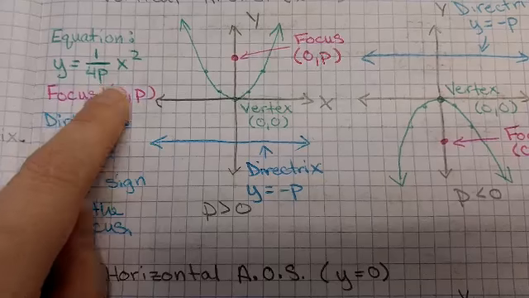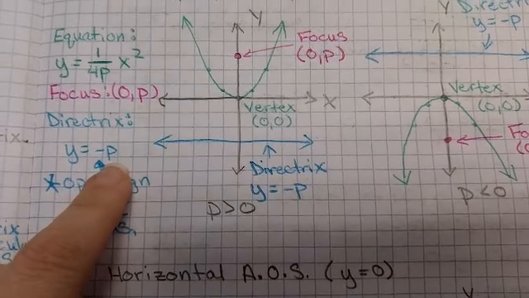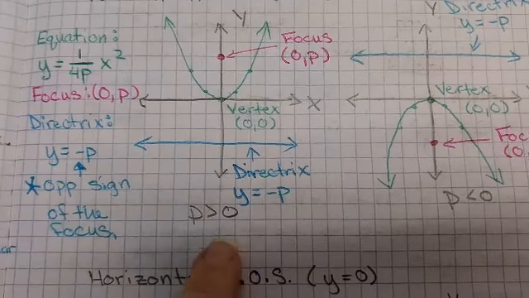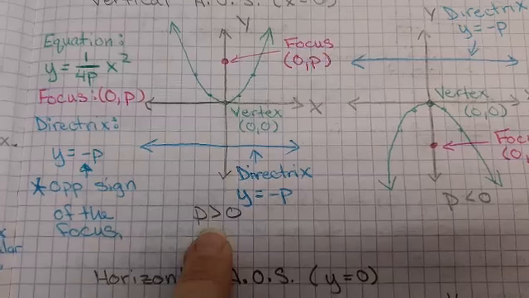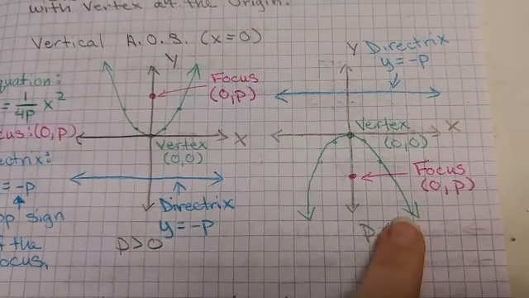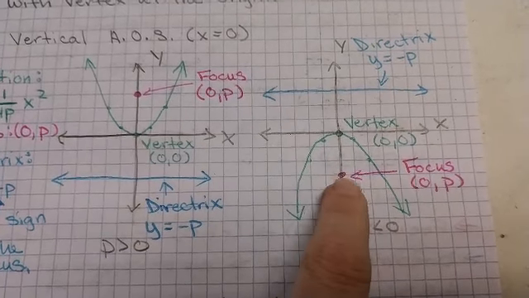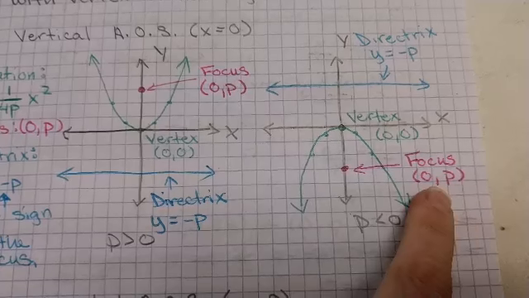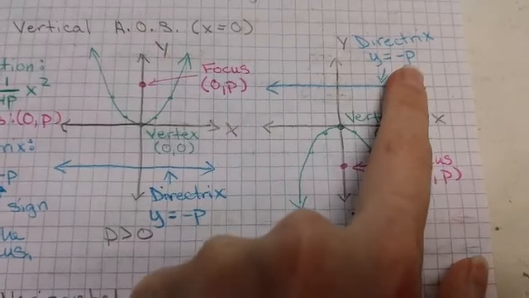And that p is coming from our focus, which is the opposite of our directrix. So it's going to be going up if p is greater than 0 on this side, and going down if p is less than 0. And this time our focus is going to be down here. It's still going to be 0, p, and our directrix is still going to be y equals negative p.